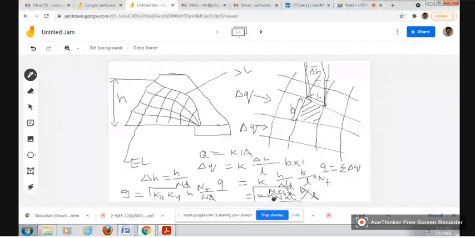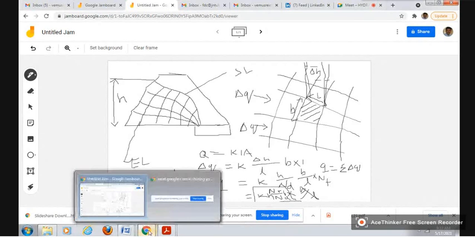In case of anisotropic soil, Q is equal to square root of Kx Ky into H into NF by ND. Is it okay? Yes sir. So this is how we can calculate the seepage using a flow net.